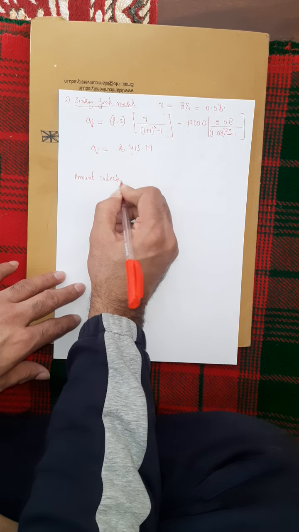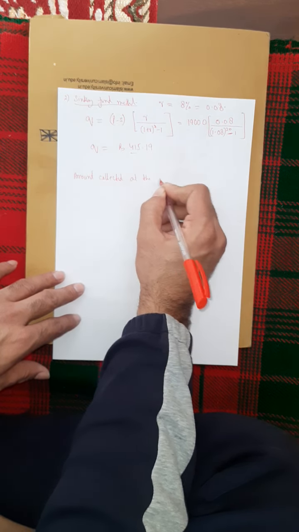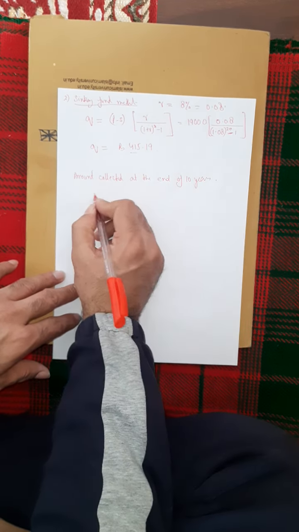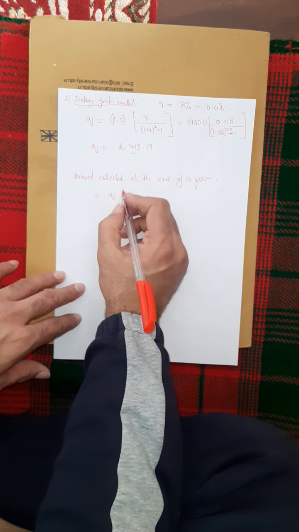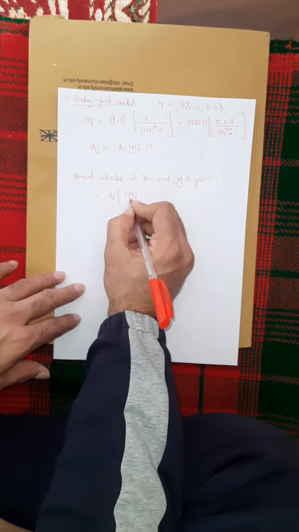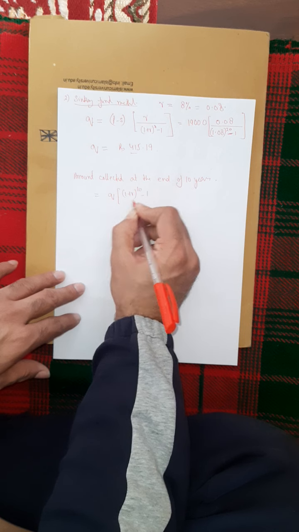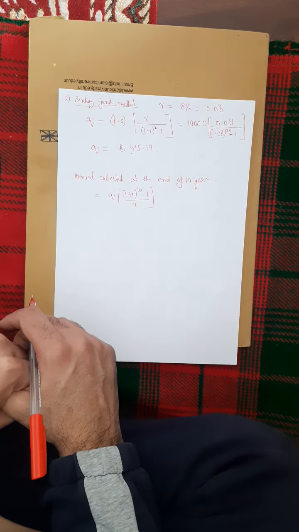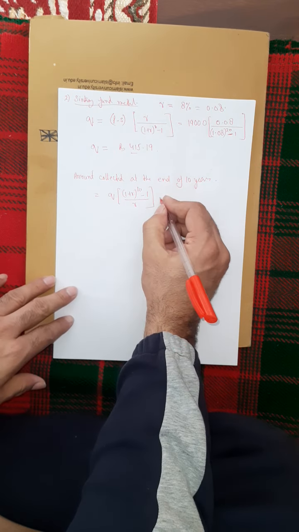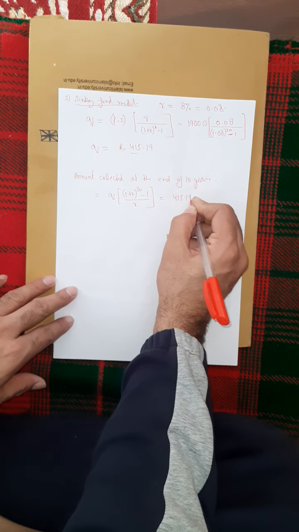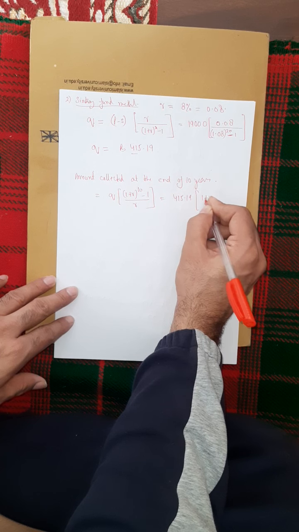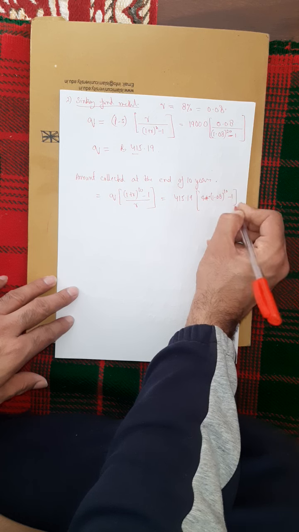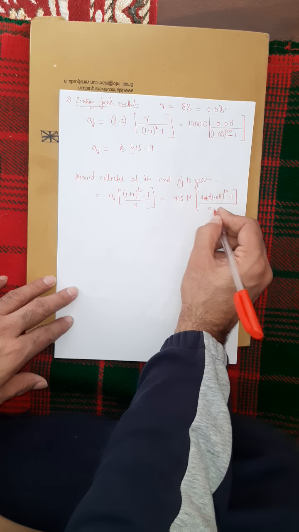Amount collected at the end of 10 years, the formula is given by Q into ((1 plus R) raised to power 10 minus 1) by R. So it will be given by 415.19 into (1.08 raised to power 10 minus 1) divided by 0.08.